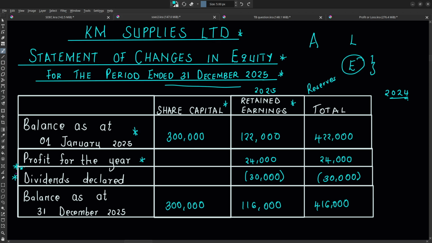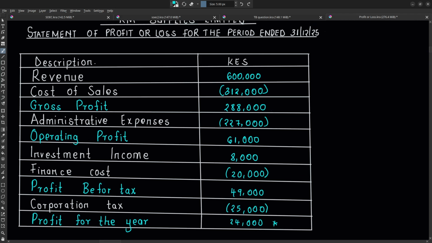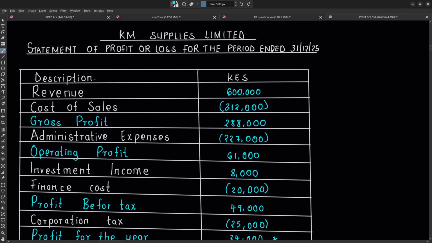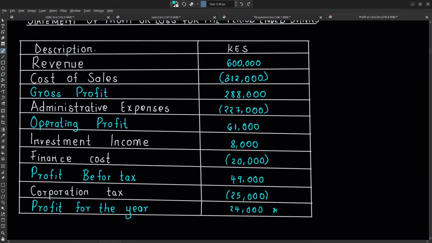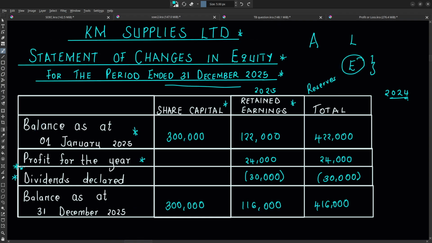Another thing to note is when we have other comprehensive income. Remember, the statement of profit or loss is usually the statement of profit or loss and other comprehensive income. If we had other comprehensive income in our case scenario, we would indicate it on a separate line, so we could have another separate row for other comprehensive income.